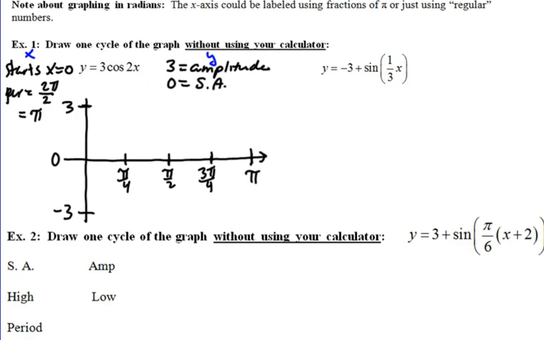So my critical points are going to be at 0, 3, and at pi, 3; those are two high points. The low point is at pi over 2, -3.